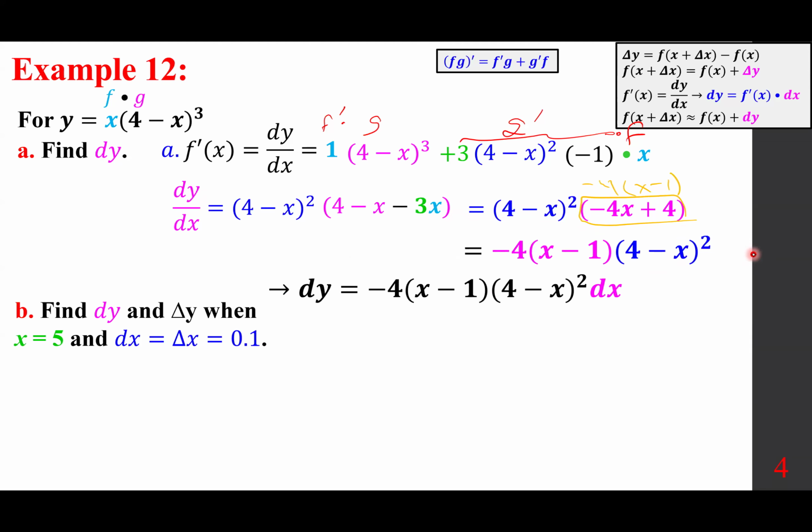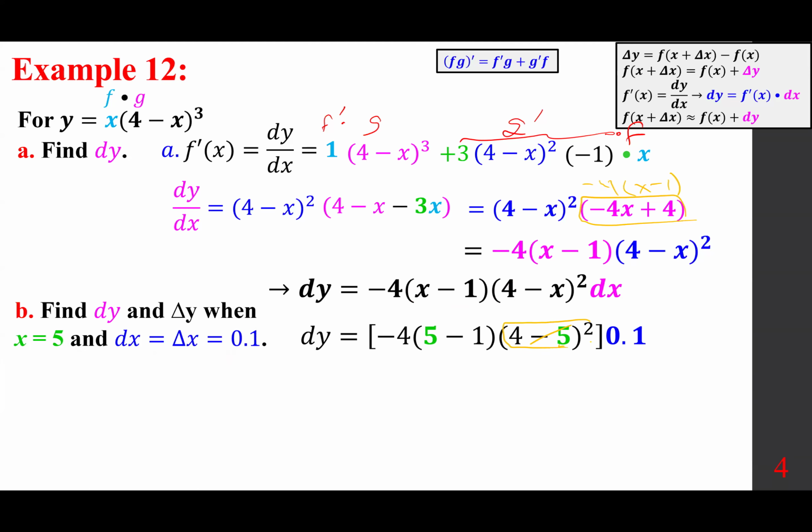Now we want to find dy and delta y, both of them, at the following values: x equals 5, dx or delta x equals 0.1. So in this case, we are going to replace the x with 5 and dx with 0.1. This is an easy calculation because this is obviously negative 1 quantity squared.